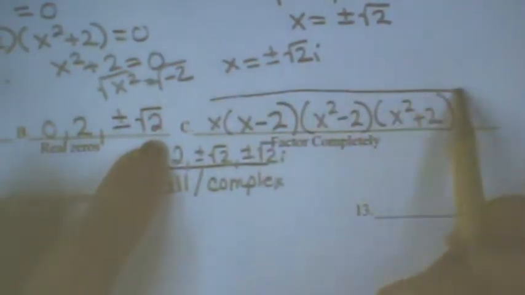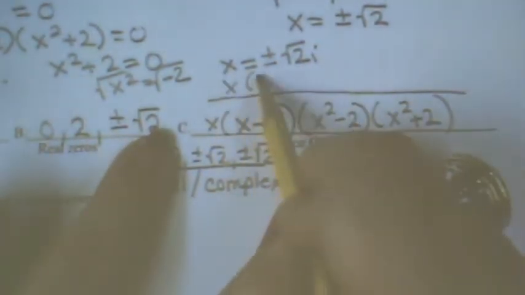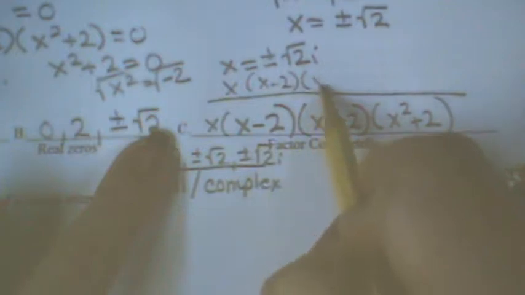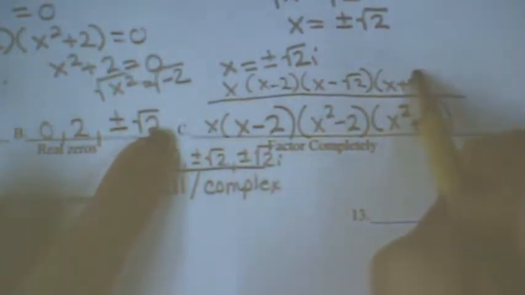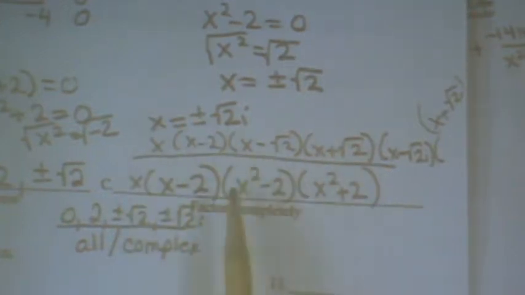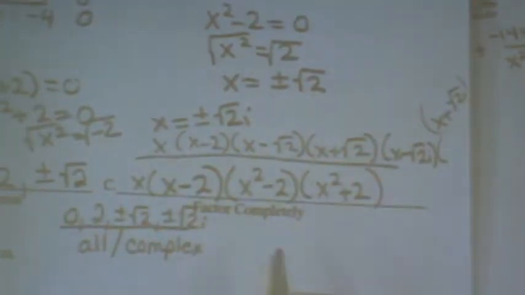Or another answer would be x minus 2, x minus root 2, it's really long, x plus root 2, x minus root 2i, and x plus root 2i. Either answer is fine. This is factored completely, x times x minus 2. I'll take either answer. Once you get to irrational and imaginary, you can leave it like that.